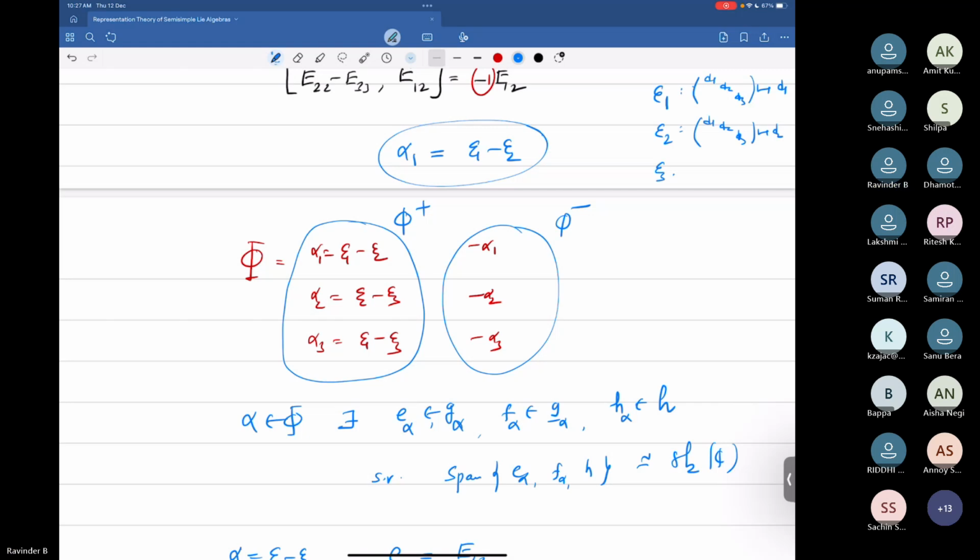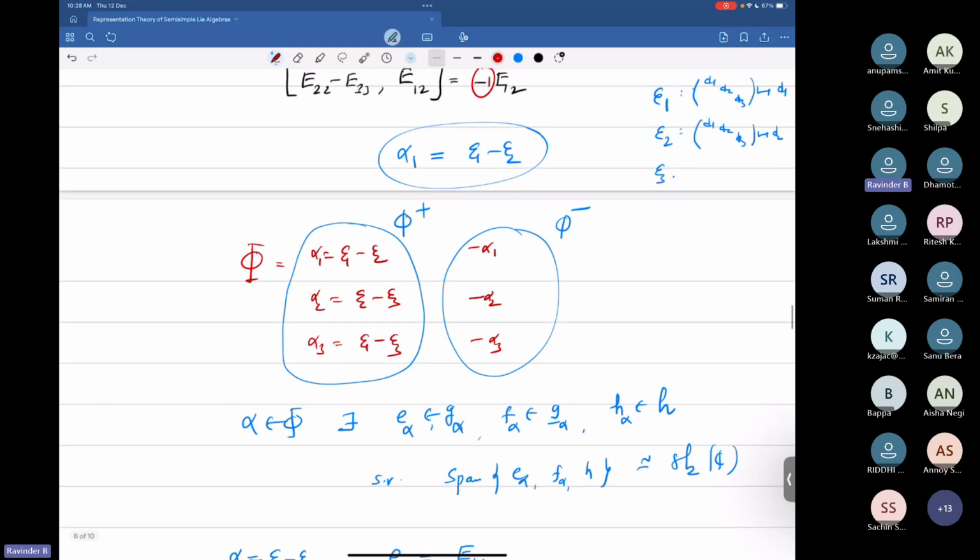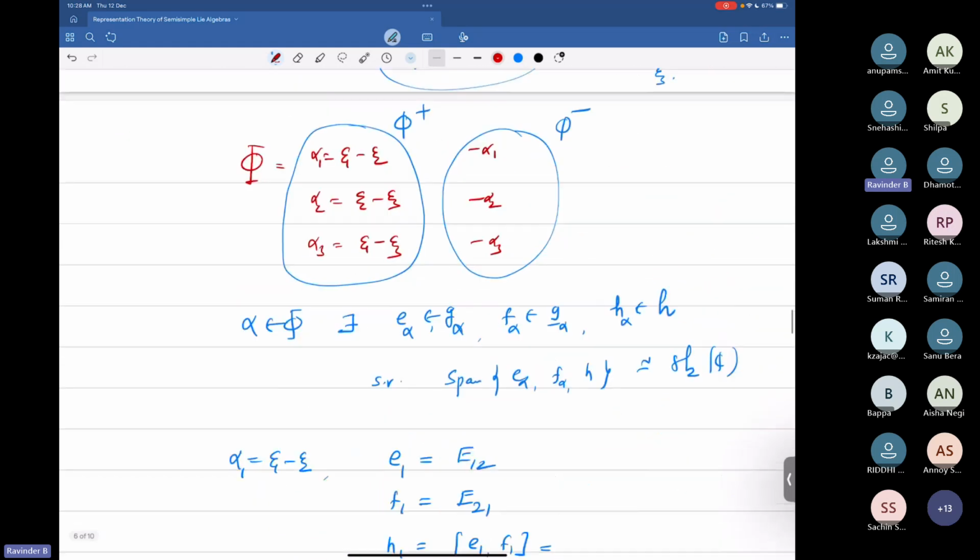So you have seen that. And if you have one positive root system and you act with one Weyl group element, you get another positive root system. And similarly, 6 Weyl group elements are there. You know the Weyl group in the SL3 setting, right? So what is a Weyl group?